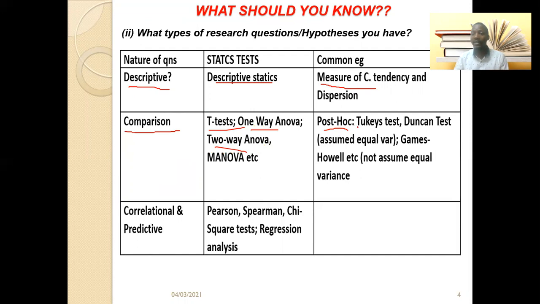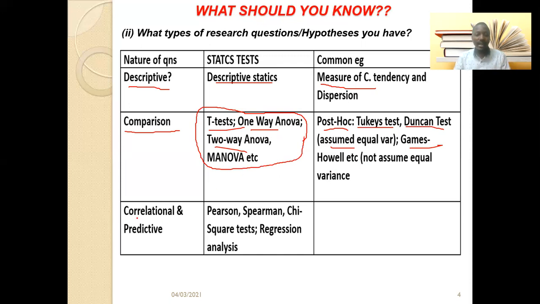For example, you can find the Tukey test, for comparison of assumed equal variances. You can go for Games-Howell and other tests. But my presentation today is to tell you which test fits a particular condition.